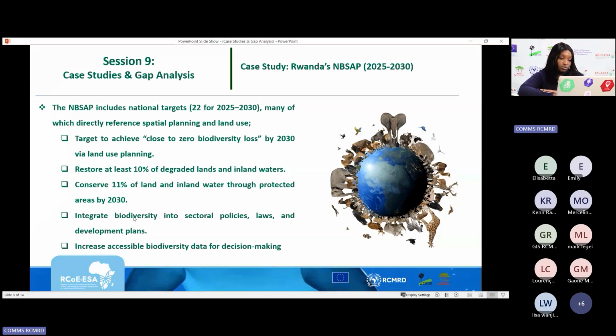We have also one on integrating biodiversity into sectoral policies, laws, as well as any development plans that may come up. There is also a target on increasing accessible biodiversity data for decision making. Again, we've talked about the importance of making sure that this data is easily available and easily accessible for faster decision making that is sound and reflective of the data available.